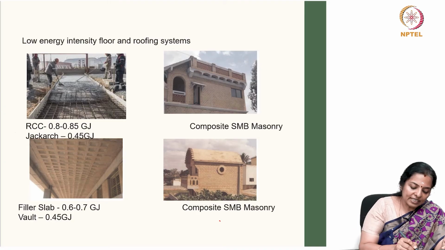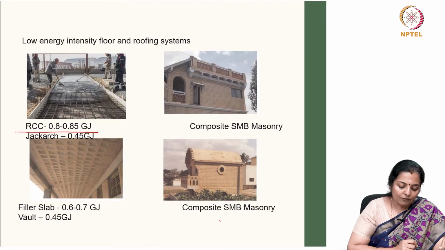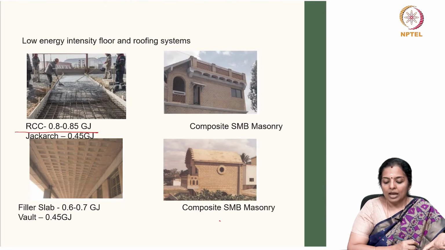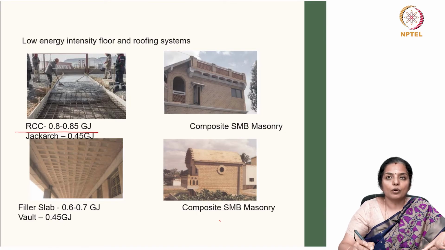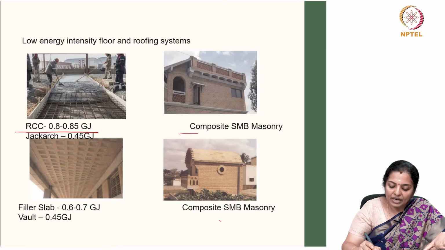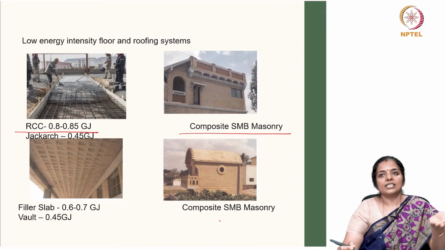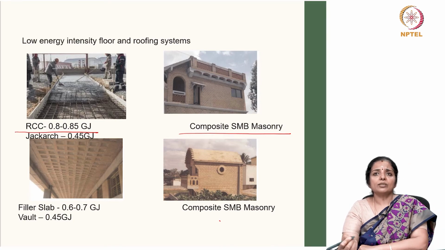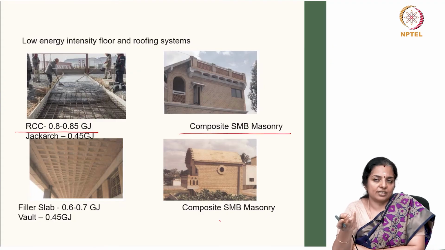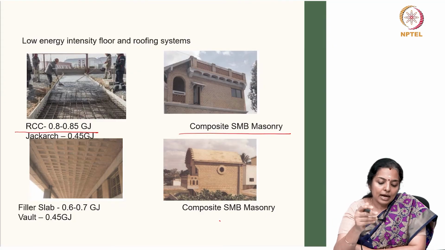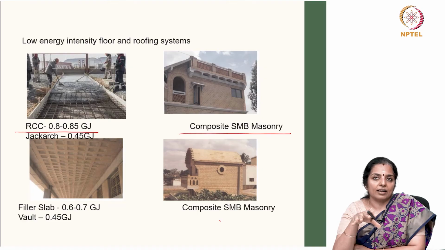The first one is RCC. RCC has an embodied energy of 0.8 to 0.85 gigajoules, whereas composite stabilized mud block masonry jack arch roof is a system which is made up of arches with a filling material.